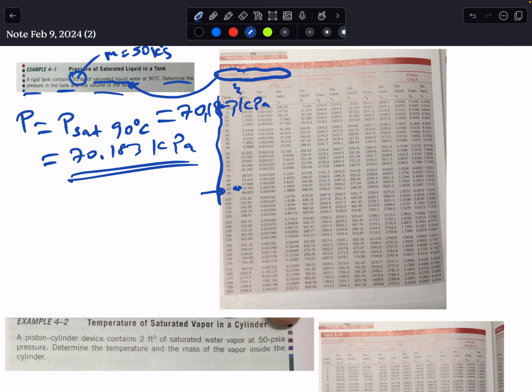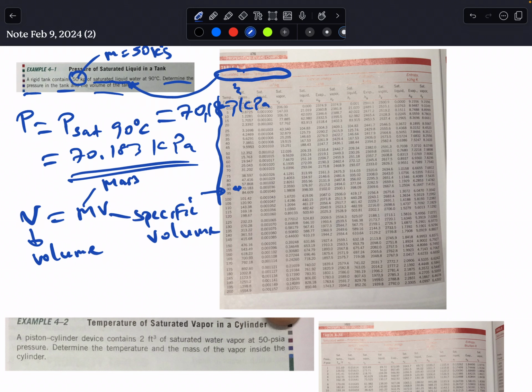What is volume? I know that from volume, I could be able to get the parameters or the variable. I know that volume is equal to what? Mass times specific volume. So this is volume, and this is mass, and this is the specific volume.